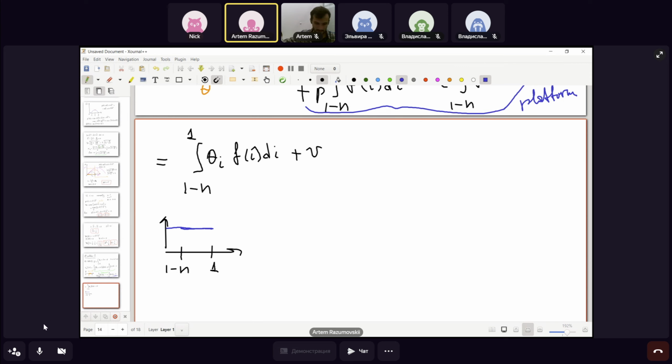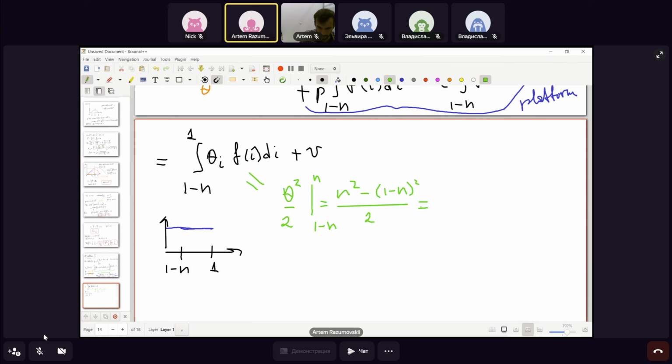Yeah, or you can just integrate, because the PDF is 1, so this is just theta squared over 2 from 1 minus n to 1, which is n squared minus, sorry, no, the opposite, 1 minus (1 minus n) squared, over 2.